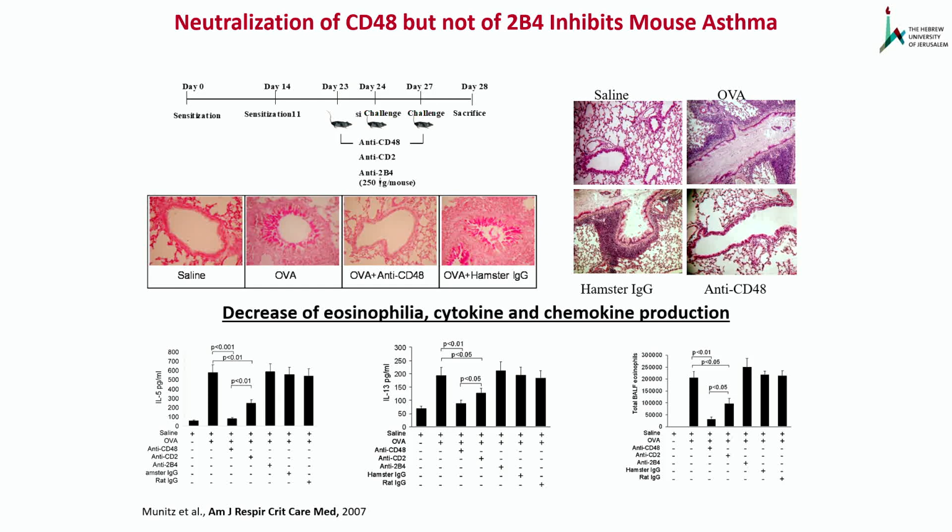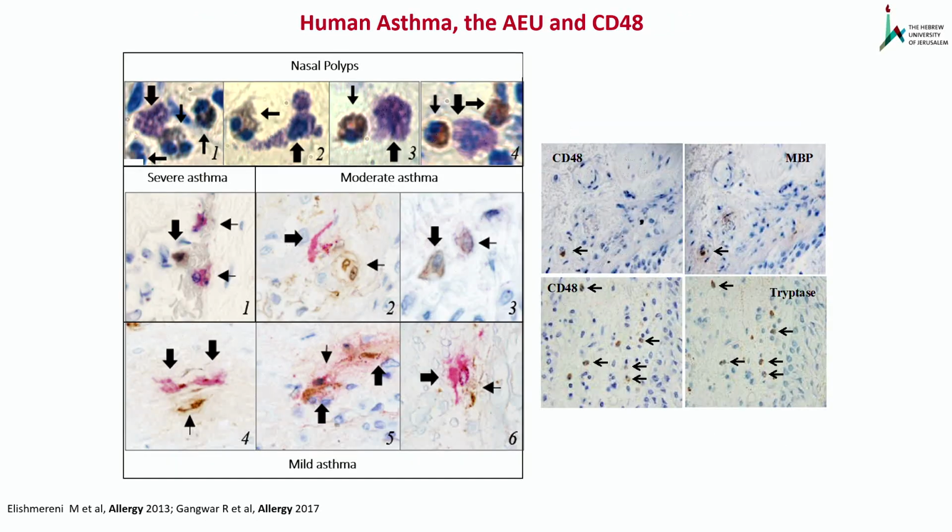But also, as you see, IL-5, IL-13, and the total bulk of eosinophils could be reduced, but only by the treatment of blocking CD48.